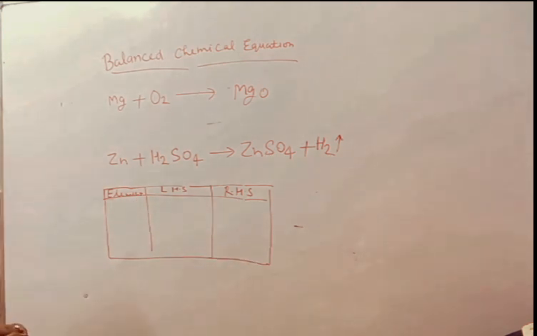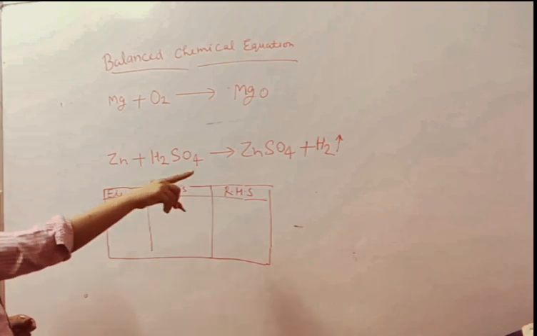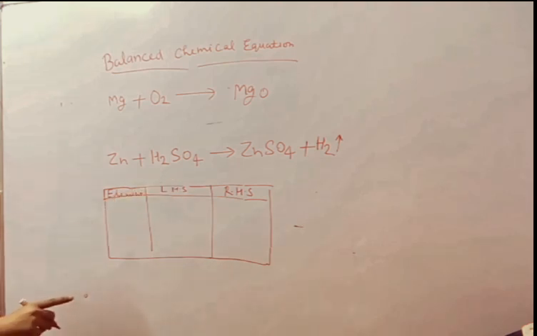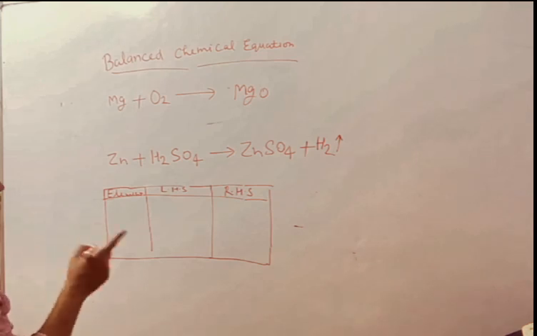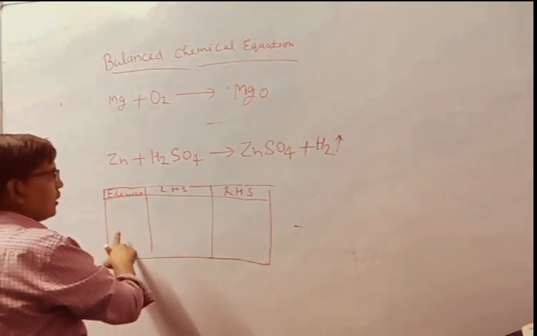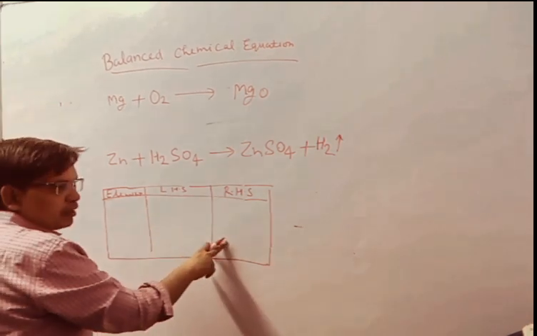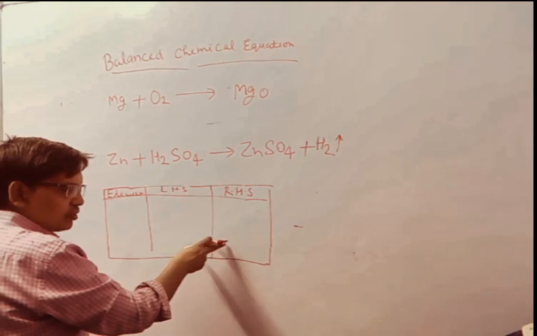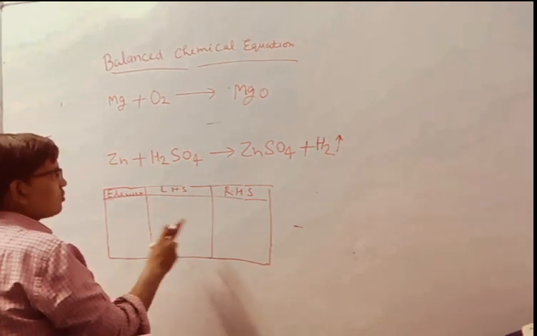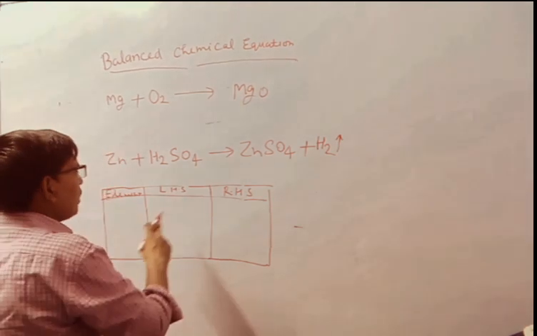Then we will take the compound which has the maximum elements. That will be the second step, and we will multiply to make the number of elements equal on both sides. Either we will multiply the product side or the reactant side. We can multiply on both sides to balance the equation.